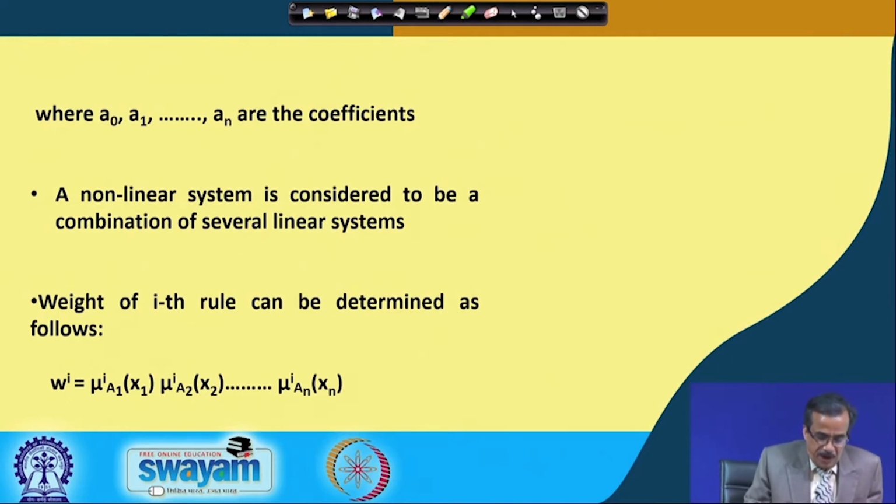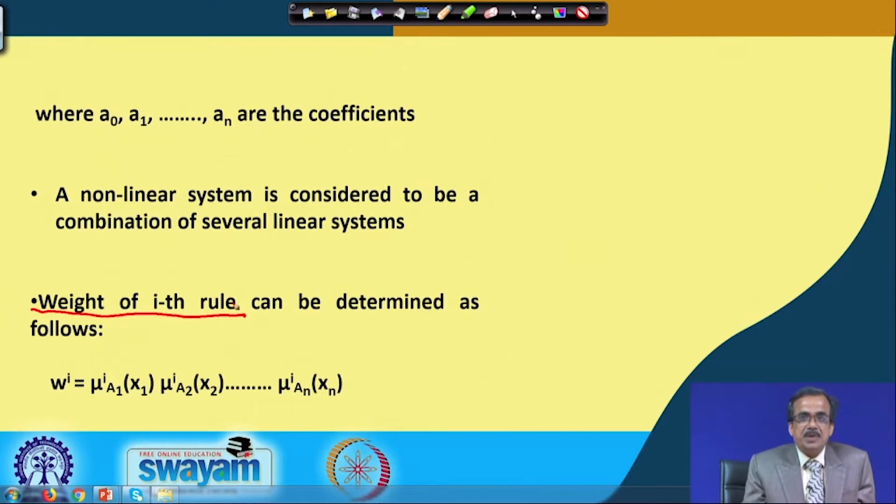Now, here if I know the ith rule, we try to find out the strength of the ith rule or the weight of the ith rule. This weight of the ith rule is represented as mu A 1 i x 1 multiplied by mu A 2 i x 2, and there are a few terms, and the last term is mu A n i x n.